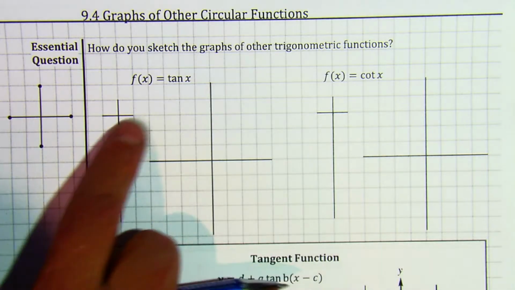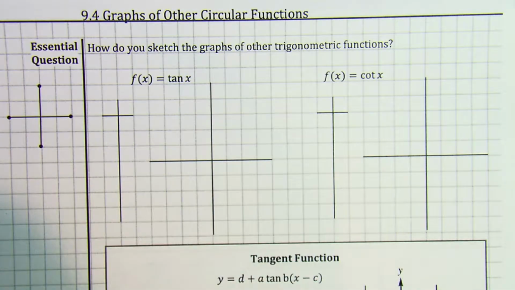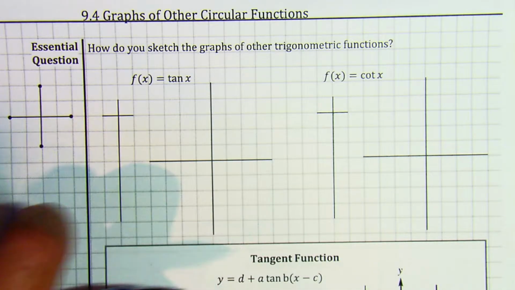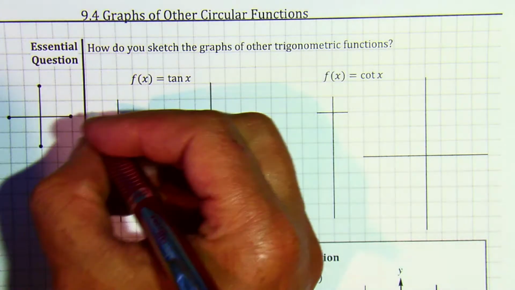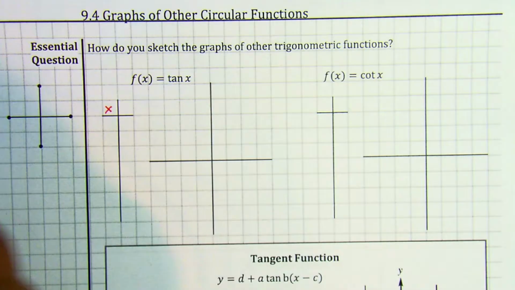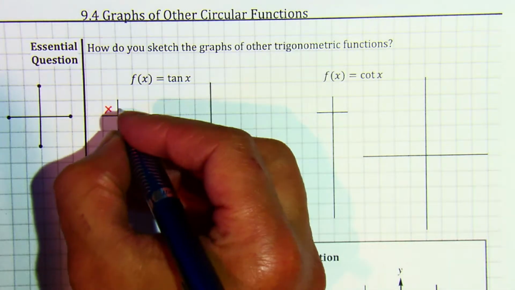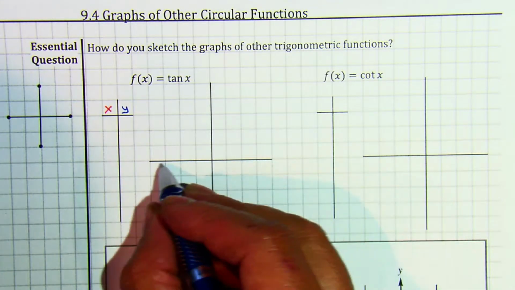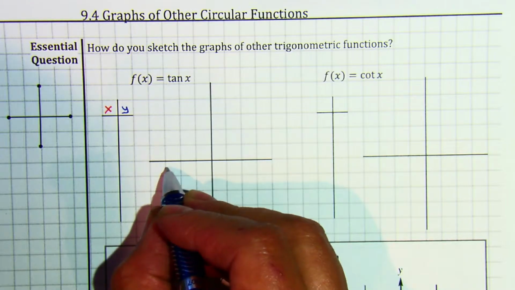So we're going to graph the basic tangent the same way that we graphed sine and cosine. We are going to use our unit circle and we're going to create a table of values. We're going to plug in values for x in radians and we'll get back values for y. And we'll translate that into a graph where this is your x-axis and this will be in radians.